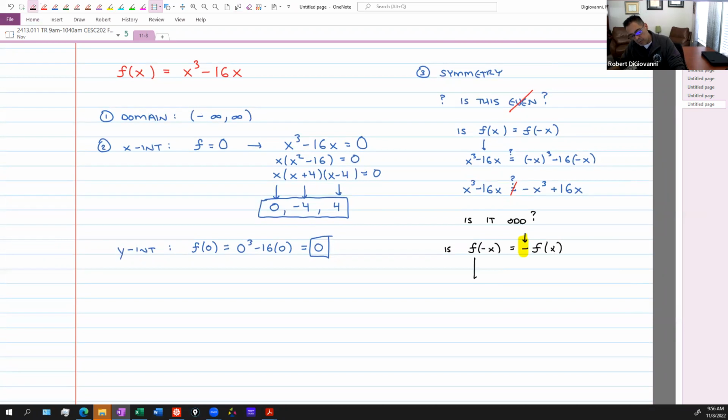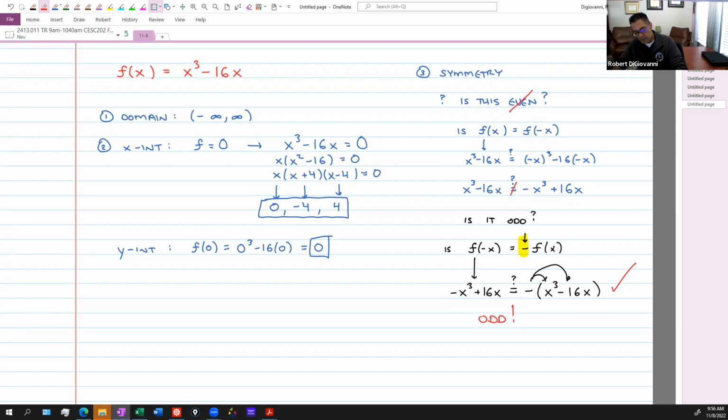So we already did this. When we plugged in negative x, we got negative x cubed plus 16x. Is that the same as putting a negative in front of the original function? Is it or is it not? What do y'all think? I see some nods. Yeah, it is. This is the same thing, isn't it? Once I distribute that negative through, both of these are going to be equal. So it's odd.